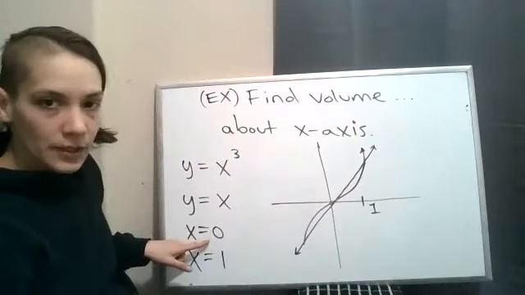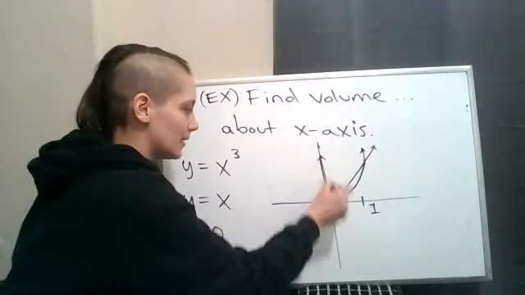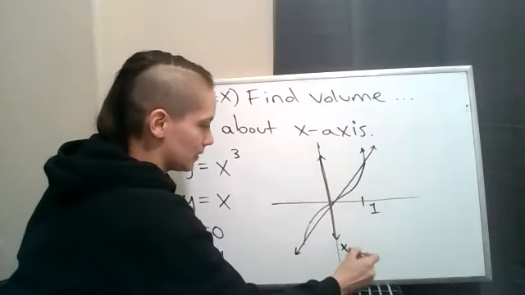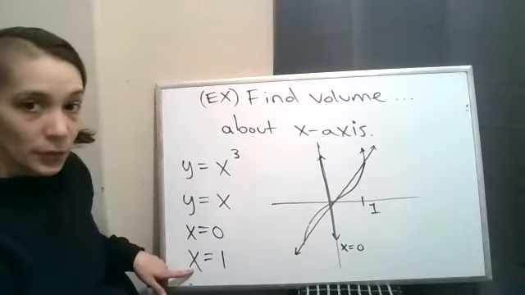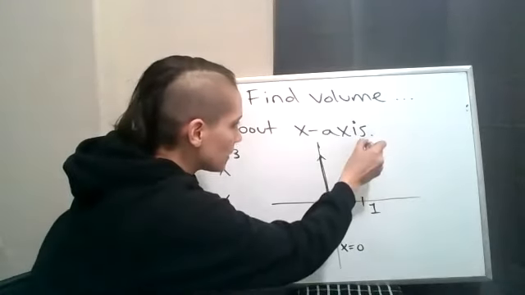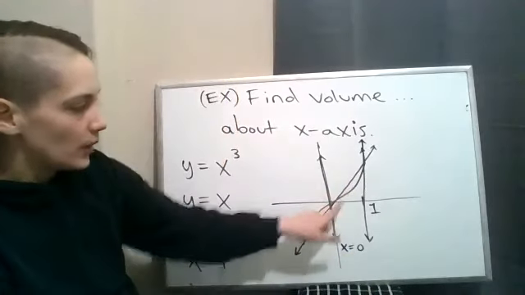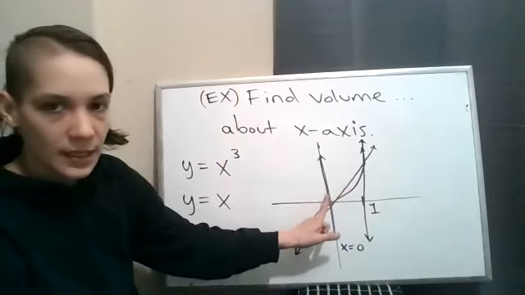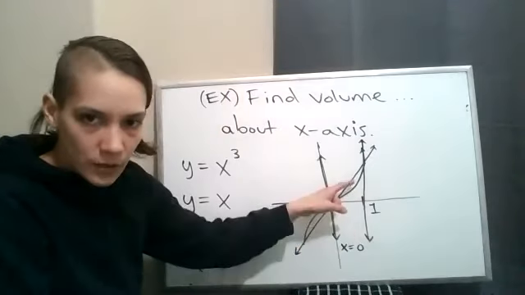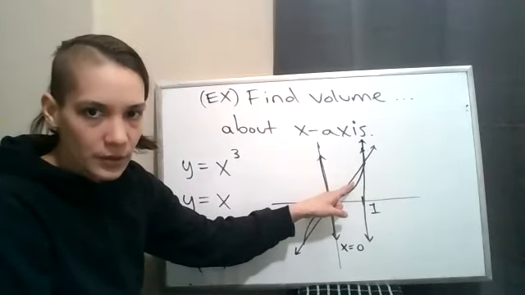Okay, x equal to 0 would be this line, and x equal to 1. Let's go through here. So it's the slice between 0 and 1 right there, between those two functions.